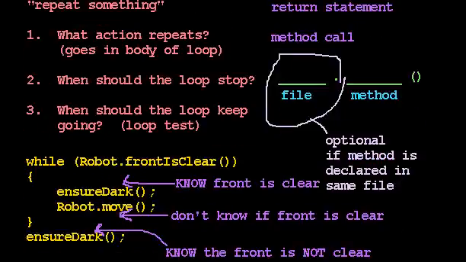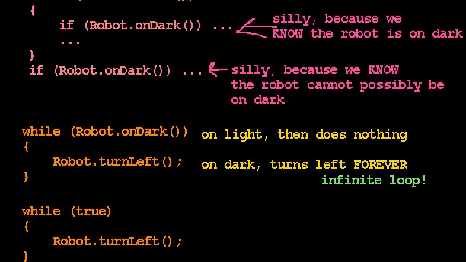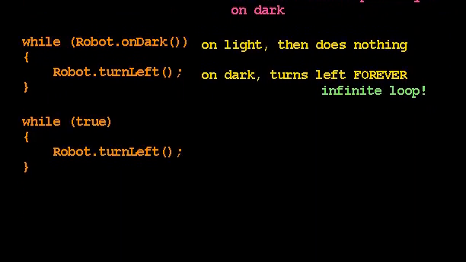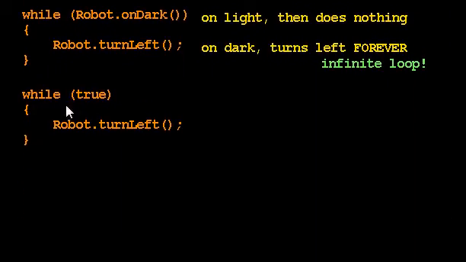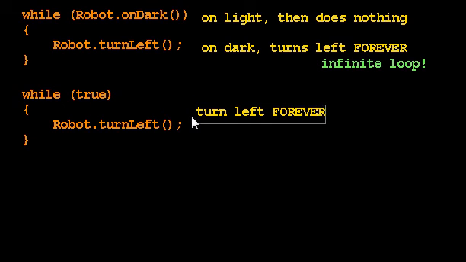That Boolean expression might be something like robot on dark or not robot on dark or whatever, but it could just be true. True is a Boolean expression, and the value of true is true. It's always true. And because it's always true, Java will always enter the loop. So this loop will cause the robot to turn left forever. In every scenario, Java will always enter the loop and turn left forever. So this is another infinite loop.